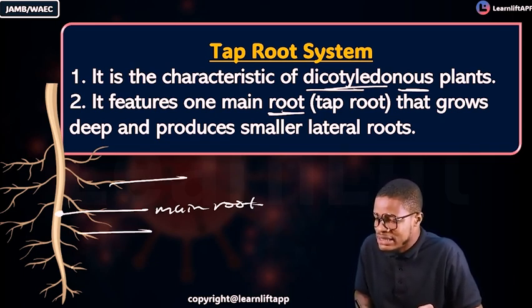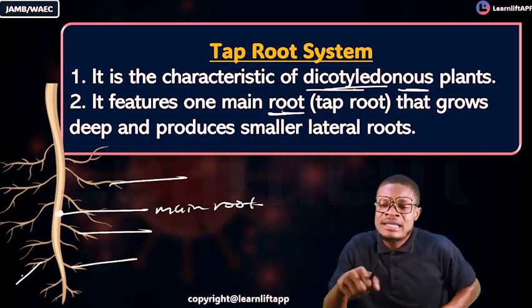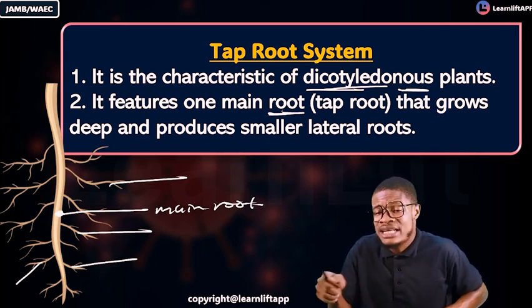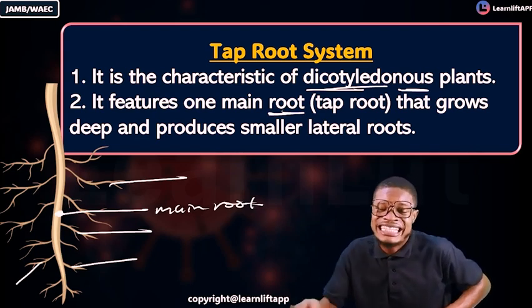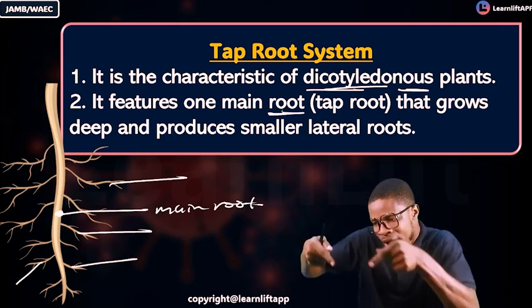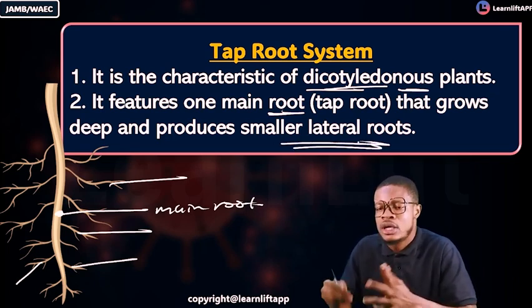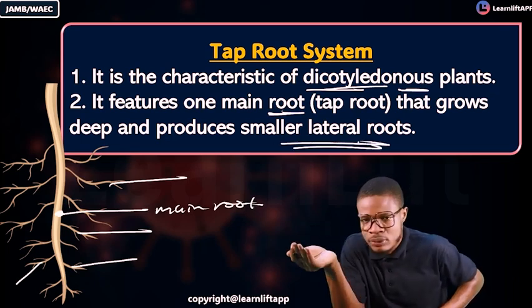So you see all these coming out. They are lateral branches, or lateral roots, since they are roots. So one main root going down and your smaller lateral roots form your entire taproot system.